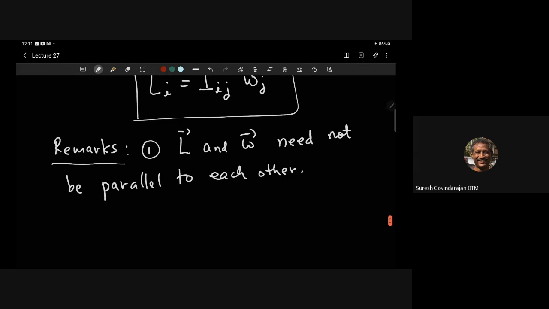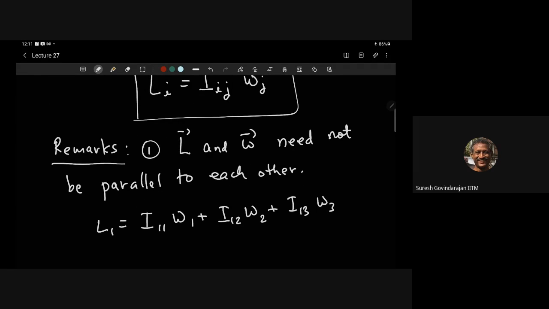Easy way to see this: let's just consider L1. What would L1 be? I11 omega 1 plus I12 omega 2 plus I13 omega 3, and so on.